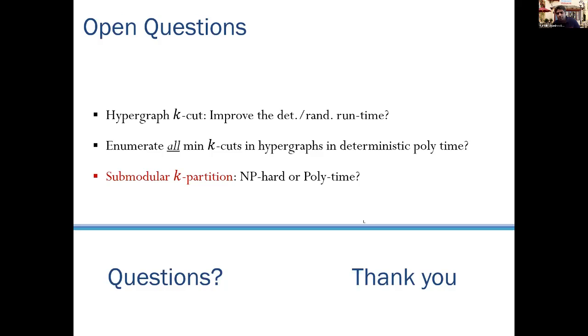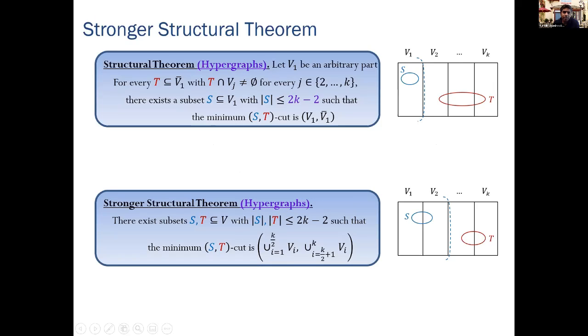Can you say a few words about what the better structural theorem is? Yeah, I can. The stronger structural theorem is the one at the bottom. Essentially, instead of recovering one part of the optimum K partition, you try to recover the union of half of the parts of the optimum K partition.